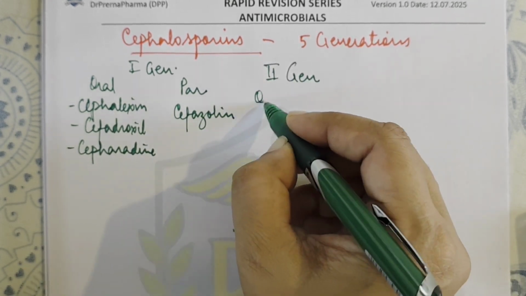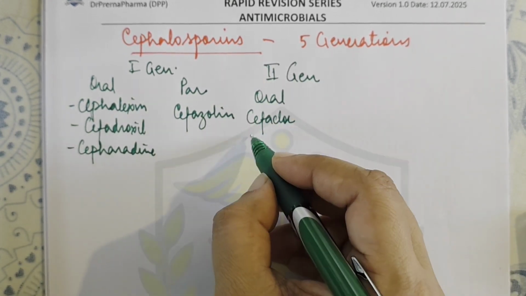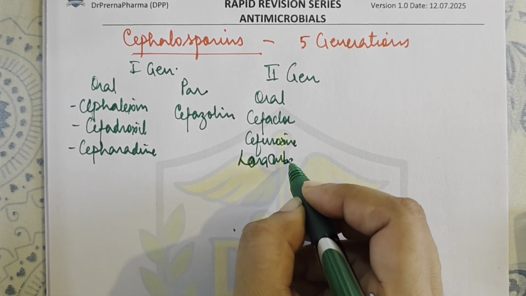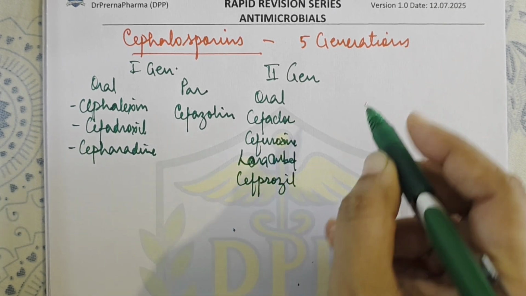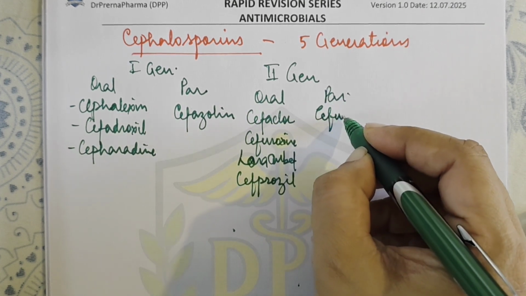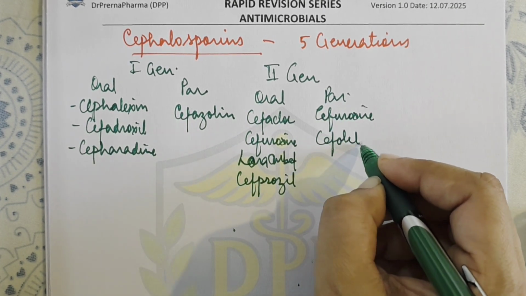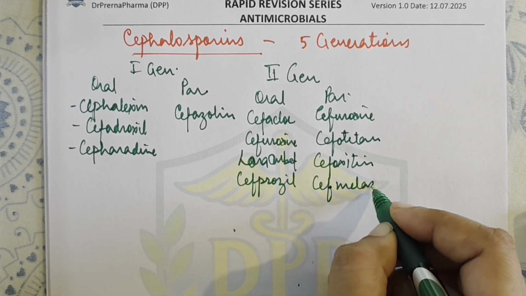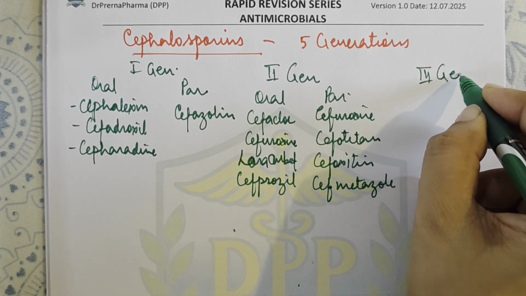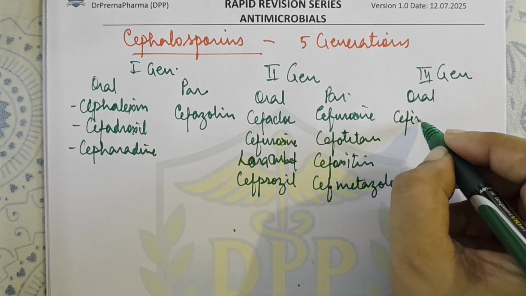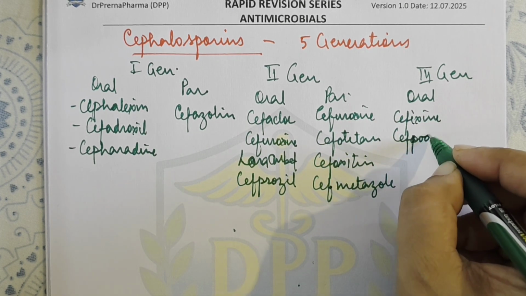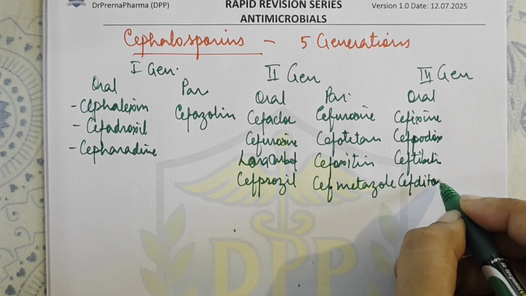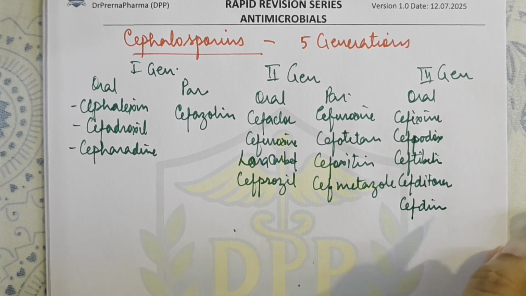Then second generation compounds, oral: cefaclor, cefuroxime, loracarbef, and cefprozil. Parenteral: we have cefuroxime, cefotetan, cefoxitin, cefmetazole. Then third generation compounds, oral: we have cefixime, cefpodoxime, ceftibuten, cefditoren, cefdinir.